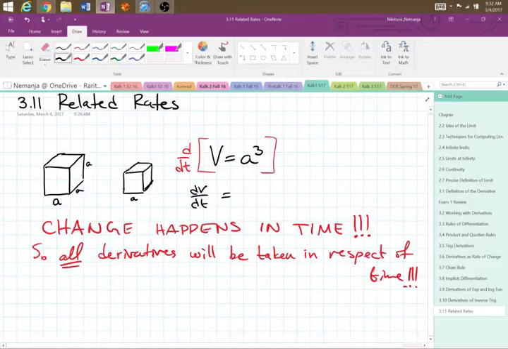What is the derivative of A cubed? 3A squared dA/dt. Nice.